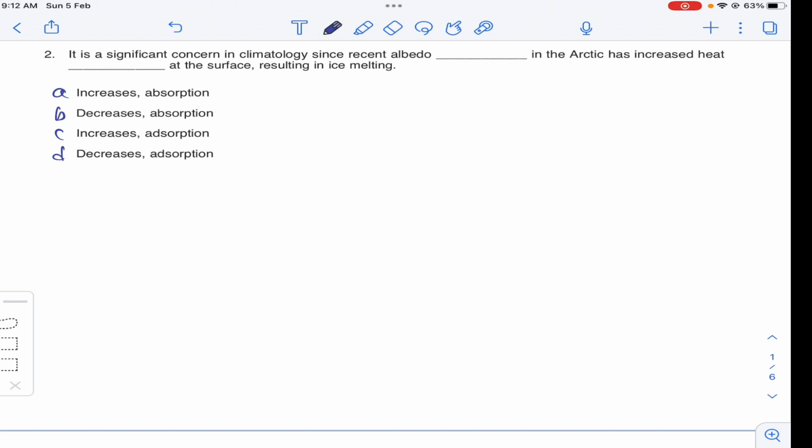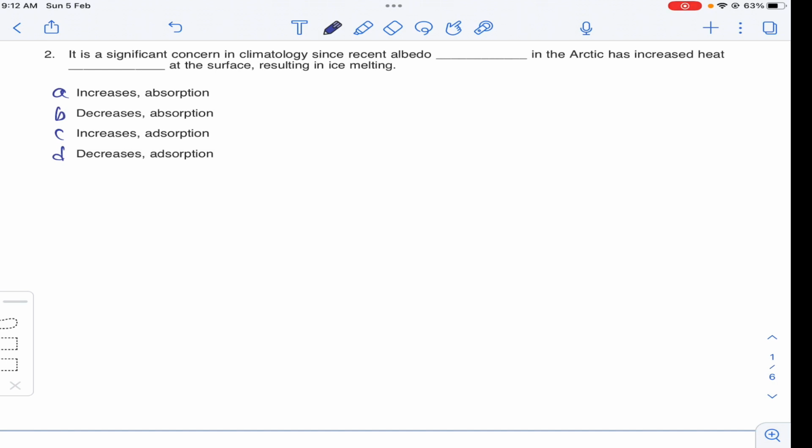Coming to question number 2, it is a significant concern in climatology since recent albedo dash in the Arctic has increased heat and dash at the surface resulting in ice melting.